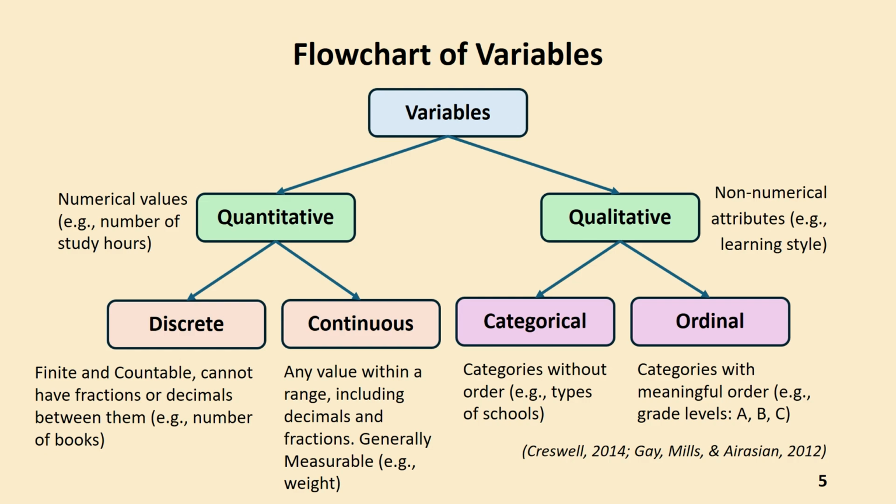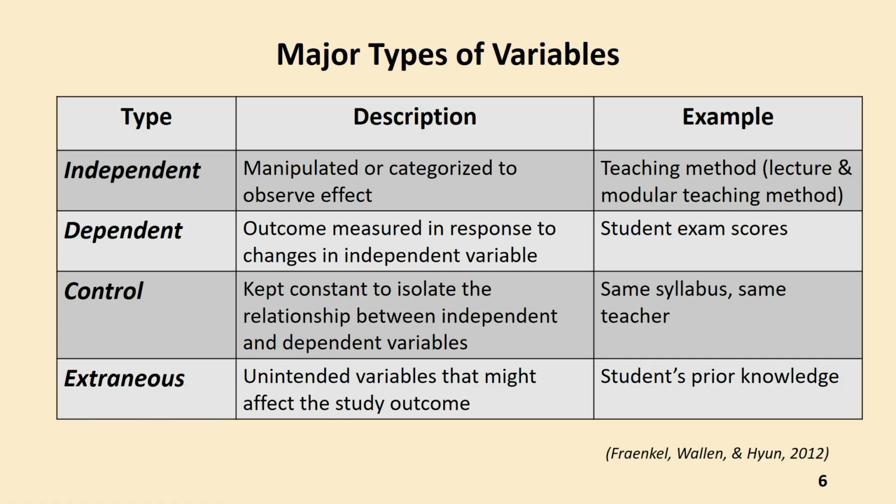Now, major types of variables. As a researcher, when you look deeper into the research variables, you will find different kinds of variables across researches. But among most researches, there are some major types of variables that you will come across.